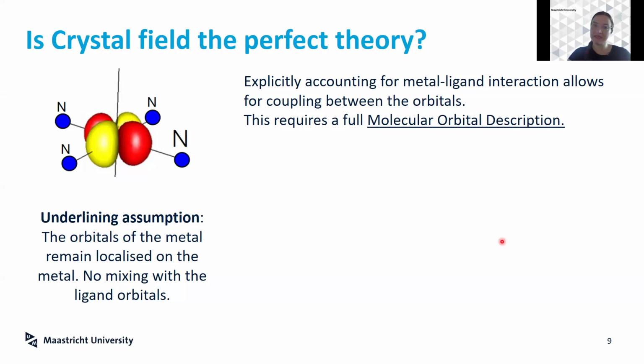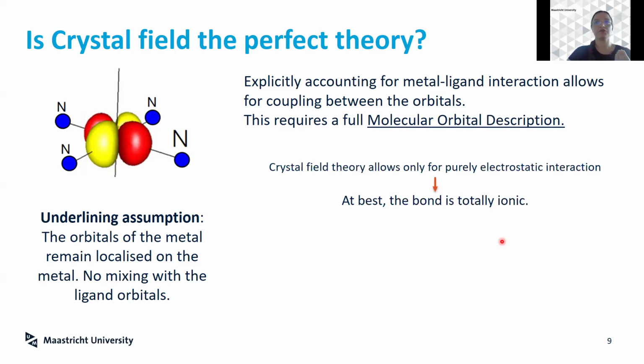If you want to explicitly account for a metal-ligand interaction, you need this coupling with the orbitals. This is a typical thing that builds a molecular orbital diagram. So the electrostatic interaction that you get really has charges with electrons super localized: the electrons of the metal and the electrons of the ligand.